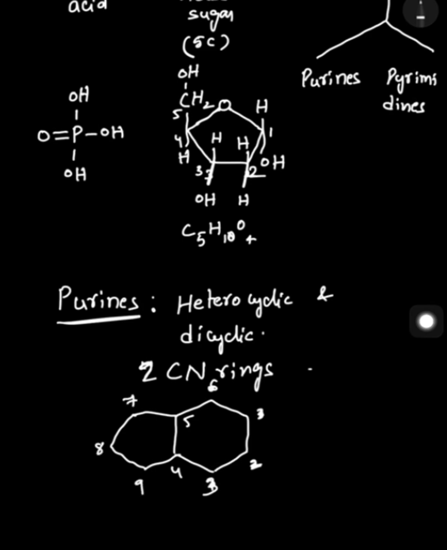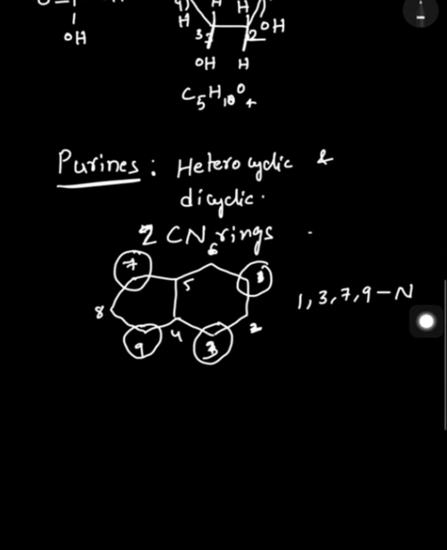In its first position, third position, seventh position and ninth position, they have nitrogen. And in remaining positions, it has carbon. Here two types of purines we can see, adenine and guanine. These are purines.